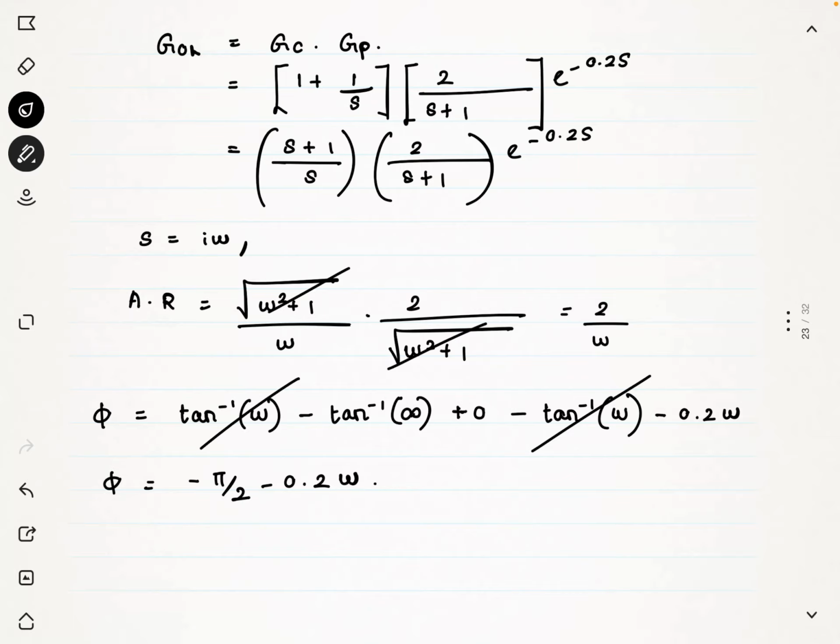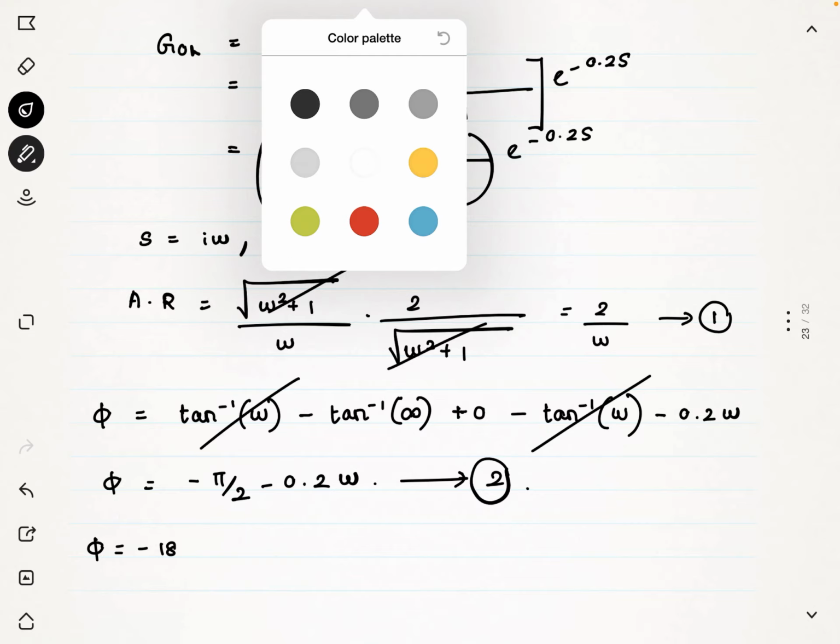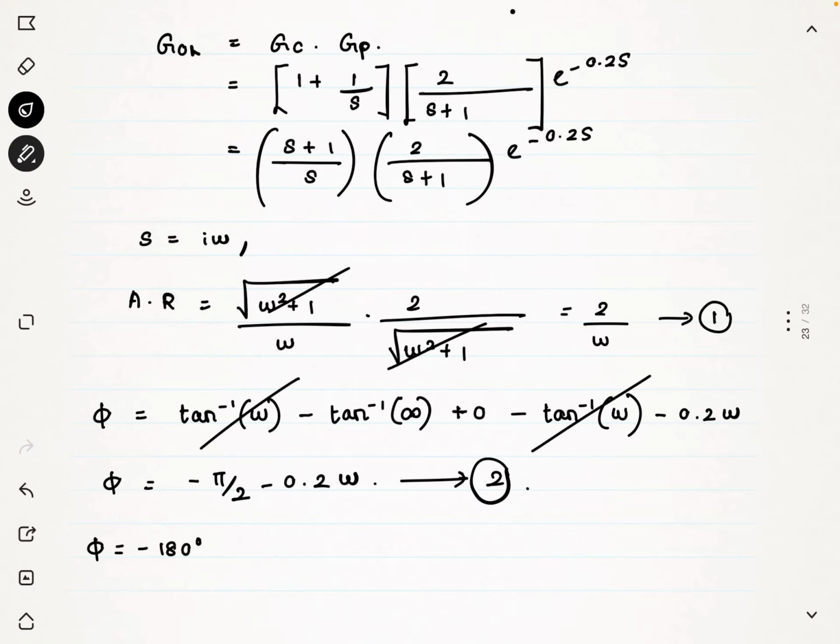So we have to find the gain margin. Let this be equation 1, and this equation 2. If we substitute the phase angle is equal to minus 180 degree, which is pi radian, into equation 2, we can get the crossover frequency omega pc.